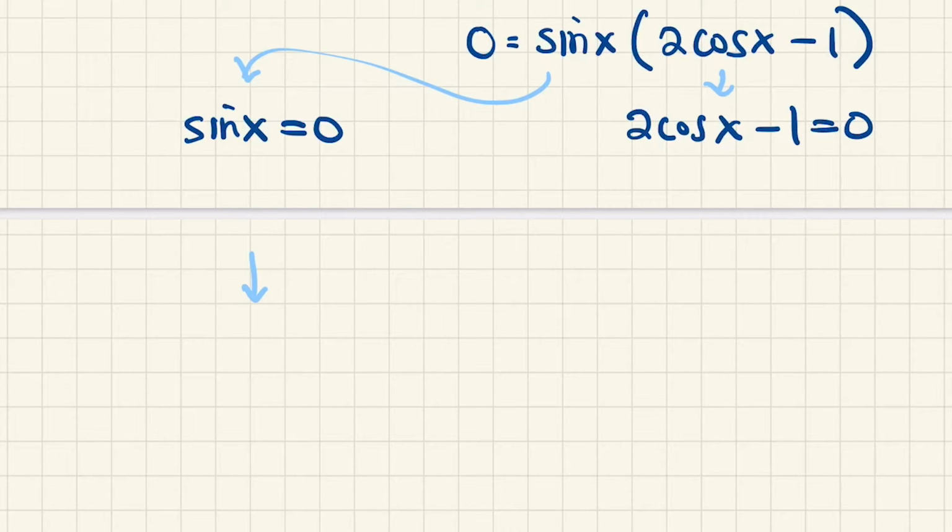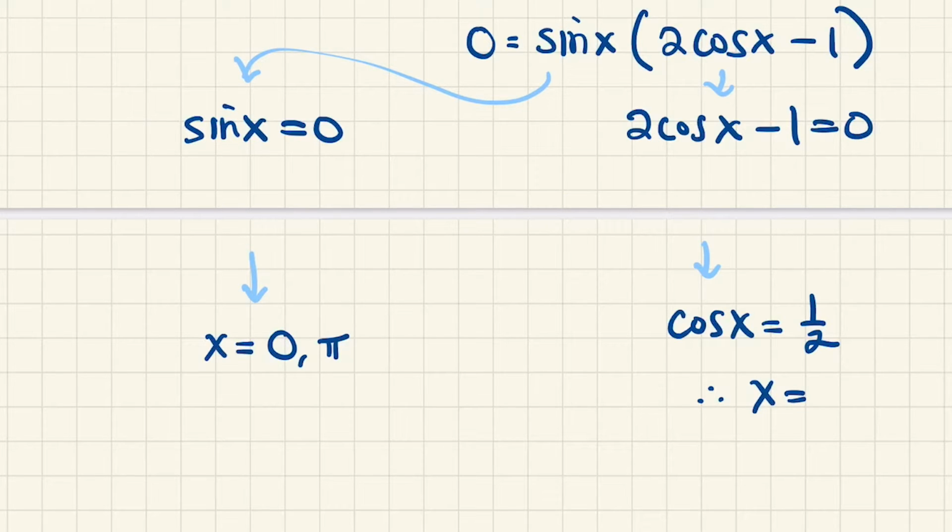So sine of x equals 0 produces 0 and pi as solutions. Over here, what we have is cosine of x equal 1/2. So that produces a solution of pi over 3.